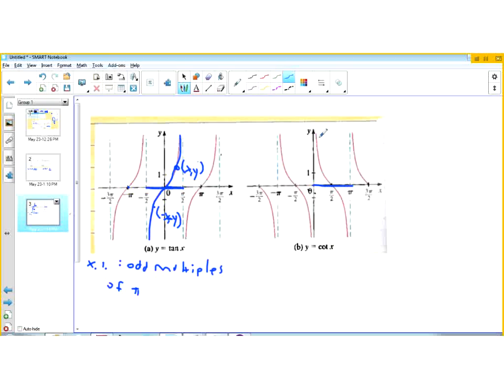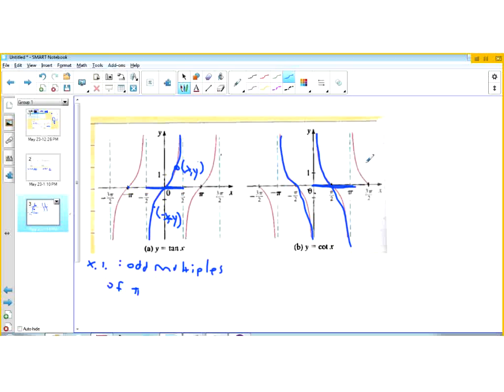So again, if we want a periodic graph, we just copy this blue branch right here, and we paste it at the beginning of this interval, as well as at the end of the interval. You can see we just cookie cutter it all along the x-axis, pasting it where the interval of periodicity ends or begins.